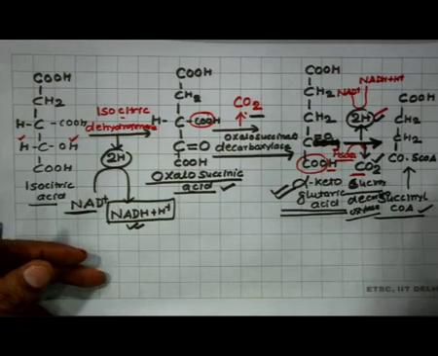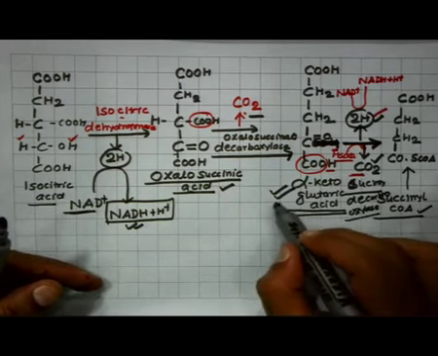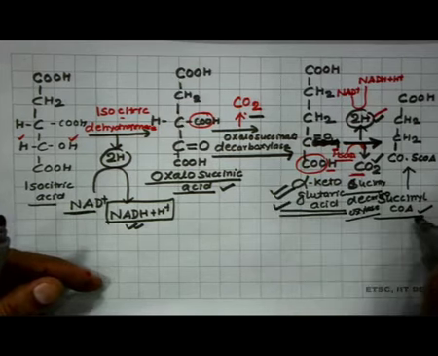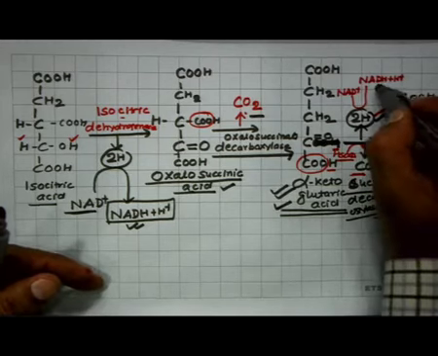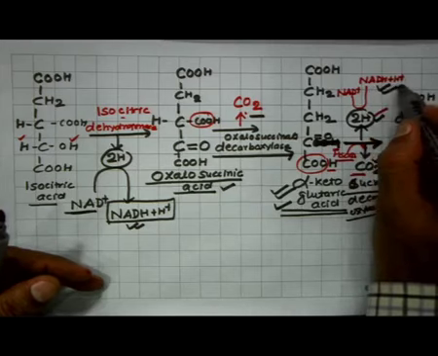Succinyl decarboxylase is involved, and the alpha ketoglutaric acid is converted into succinyl coenzyme, and in the product there is another NADH2 formed, NADH plus H plus.